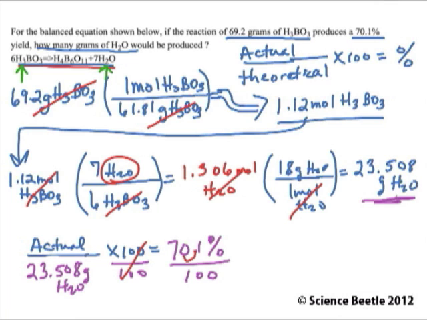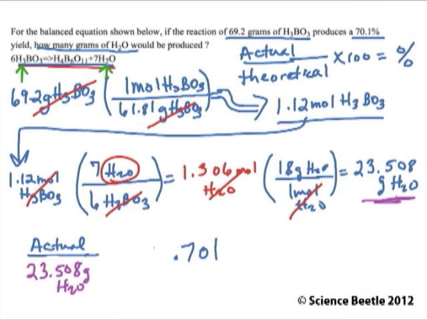In other words, move the decimal over 2 spaces, and it gives us 0.701. Since the hundreds on the left side disappear, I'm going to go ahead and erase those because they're no longer there. And what we're left with is a simplified equation of actual divided by 23.508 equals 0.701.